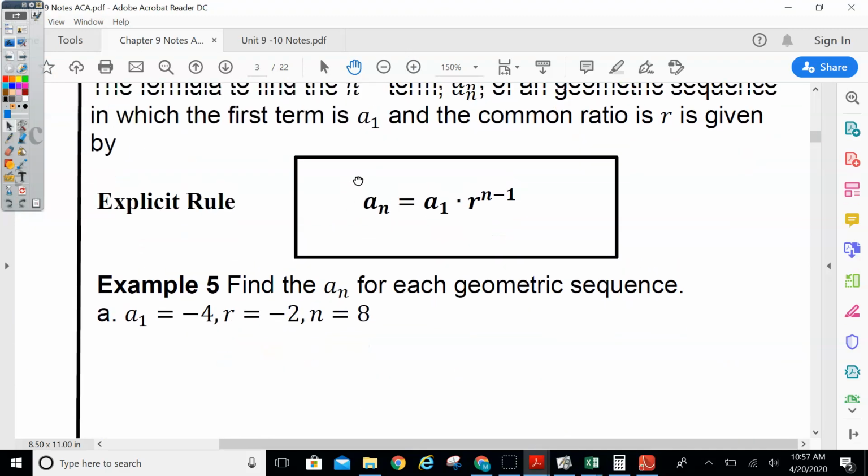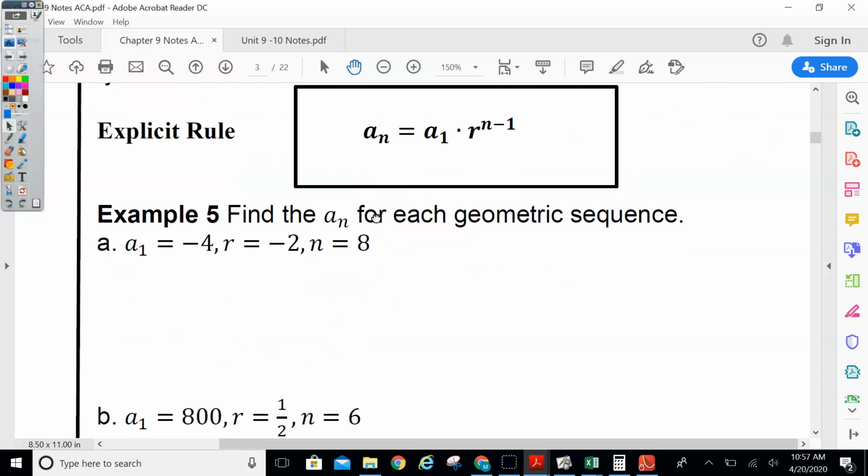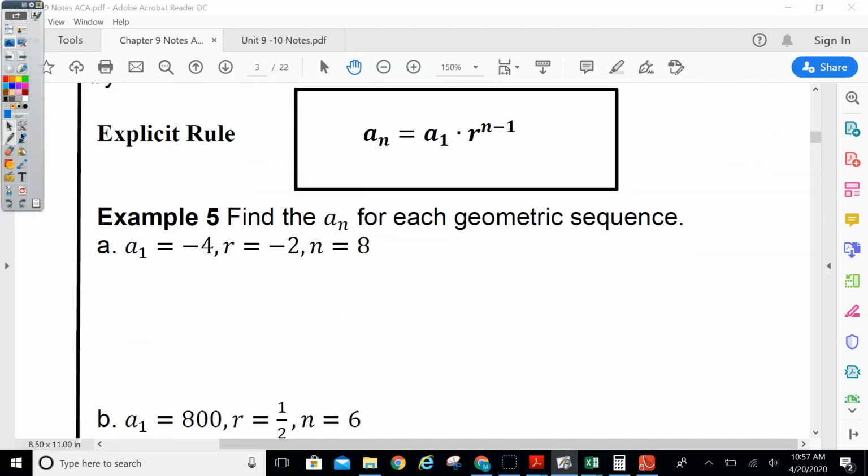Okay, so here's what the explicit formula looks like. If I give you this equation, the a sub n here is the one that I want. This is the one that it asked for, the new number that I want.